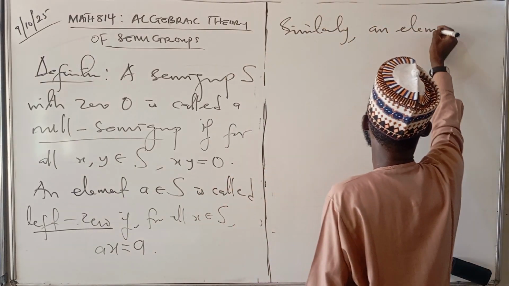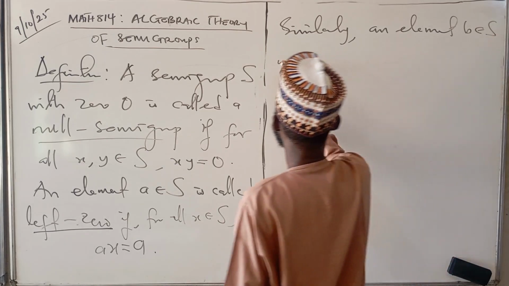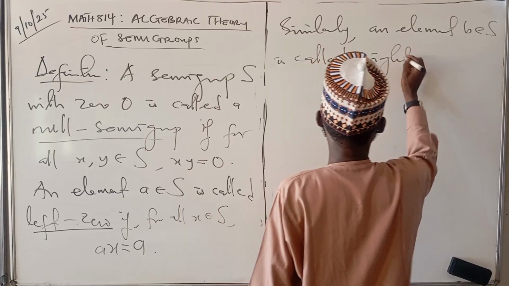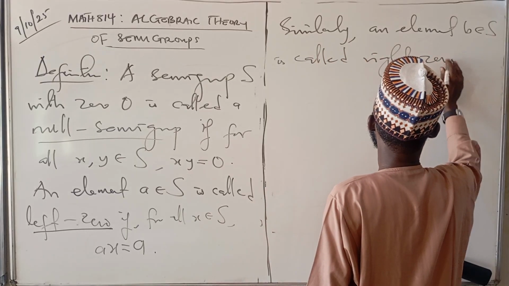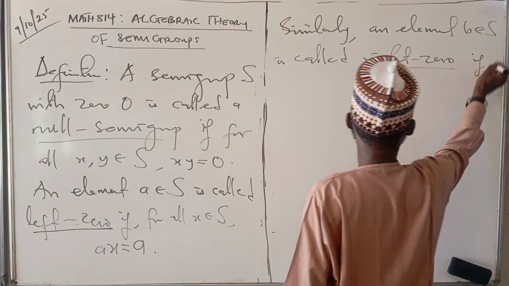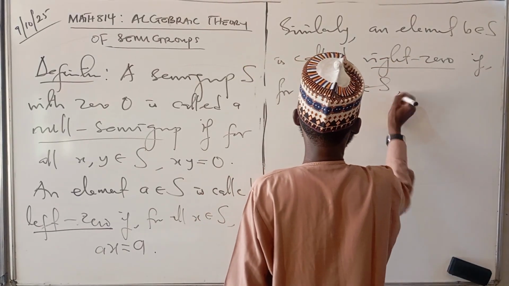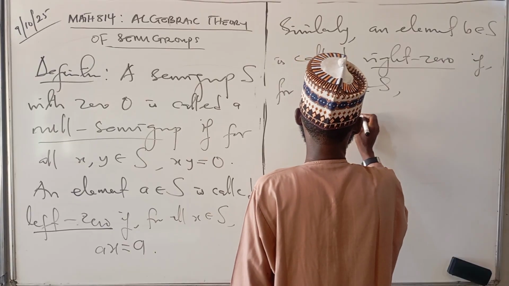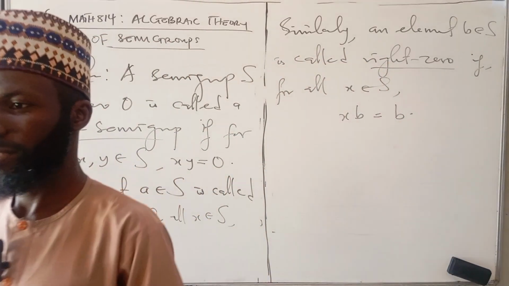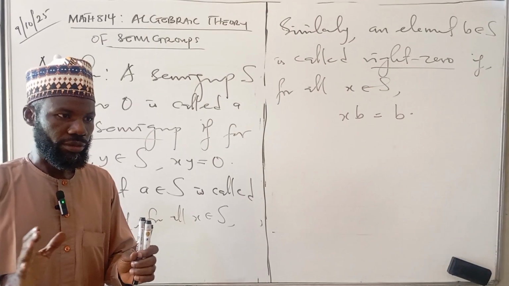An element B in a semigroup S is called a right 0 element if for all x in S, x times B is equal to B. So, called right 0 element. These concepts are not difficult.